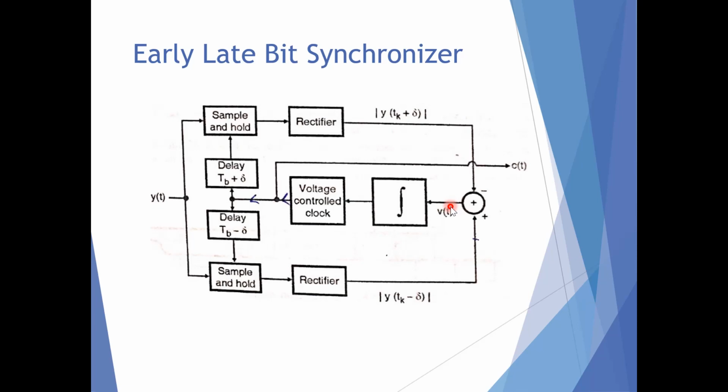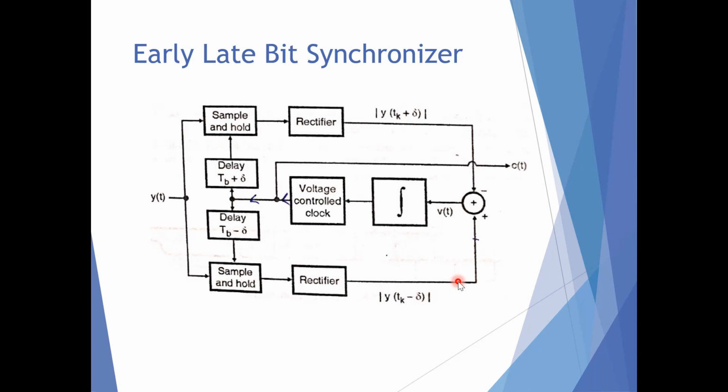These sample values are given over here. When the sampling takes place exactly at the optimum sampling instant, we can find out both the values will be same. And if you find out the difference, this will be 0. Exactly, if both these values are same, then difference will be 0.